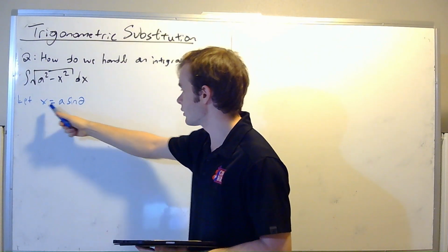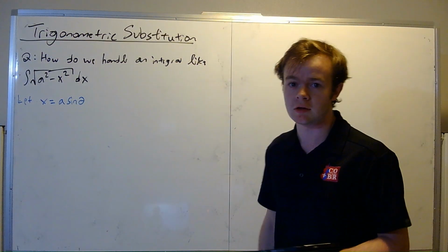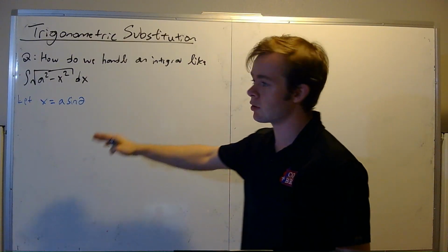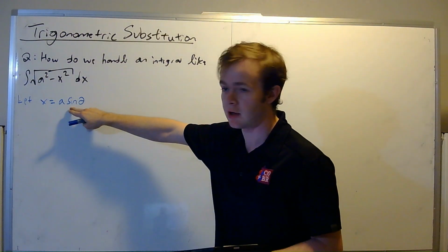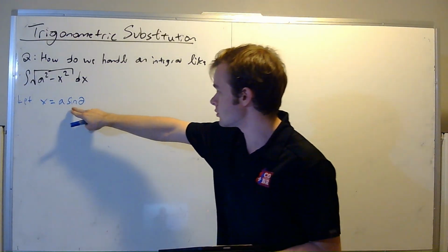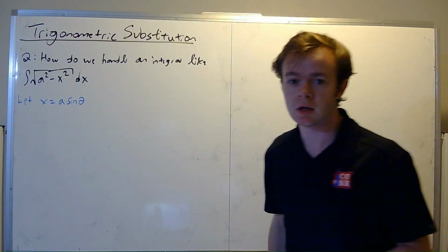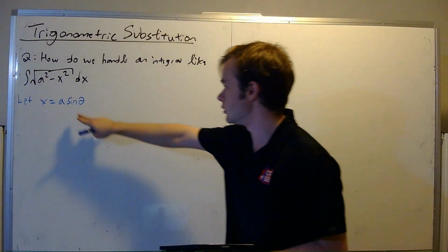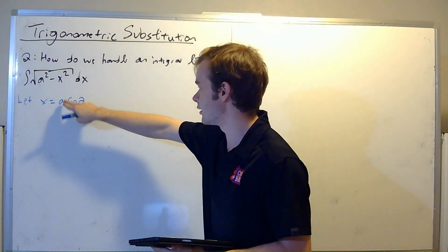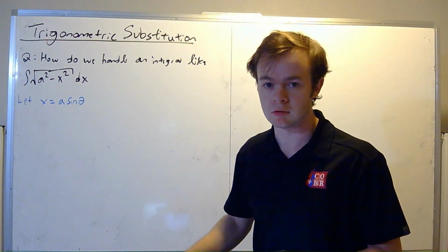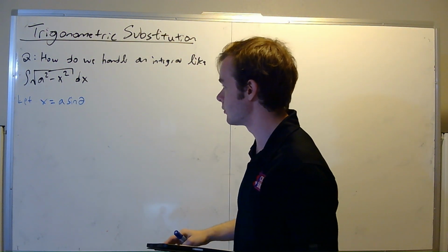So we replace x with, in this case, a sine of theta. And don't worry, we'll have a list of formulas for knowing what exactly we need to substitute. But just know that in this case, we're going to pick a sine theta, right? We'll talk about the other cases in a second.